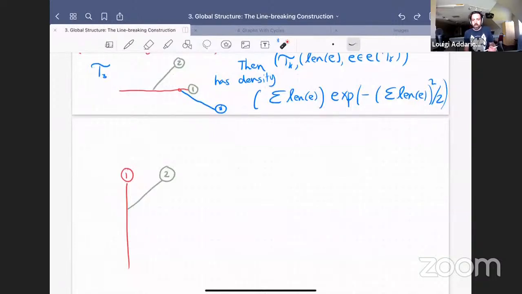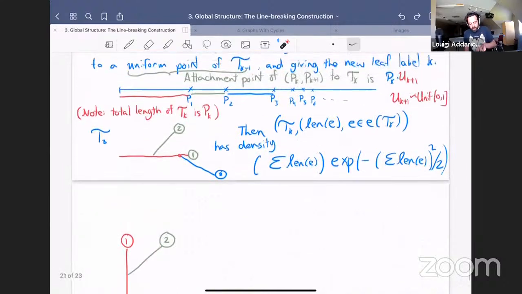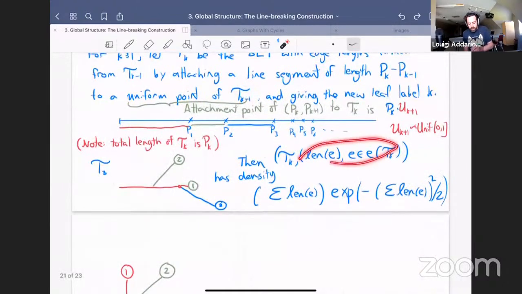But if I don't tell you the lengths and I only tell you the shape, well, this theorem here tells you that the distribution of the lengths is exchangeable. I could permute the edge lengths and I would get another tree with the same distribution.